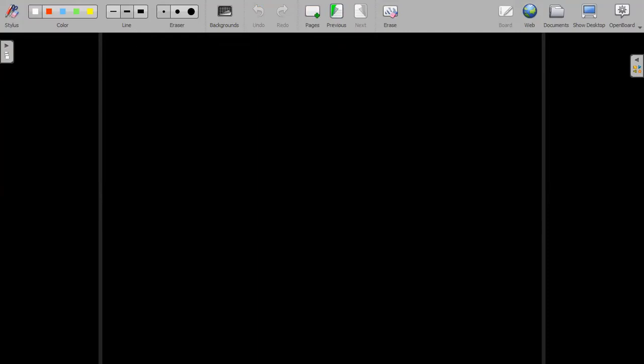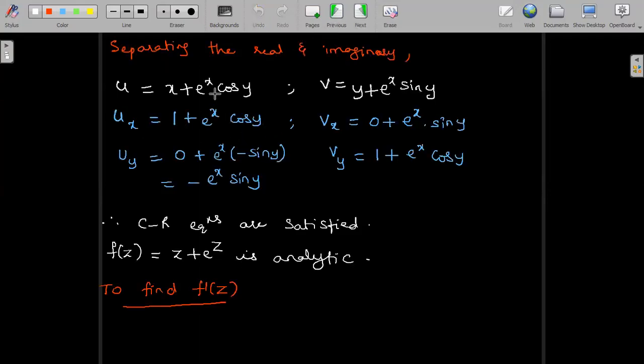So we know that f dash of z is equal to ux plus i into vx. Now we will substitute for ux and vx. ux is nothing but the partial differentiation with respect to x, and vx is nothing but the partial differentiation with respect to x. So we need to substitute these two values.